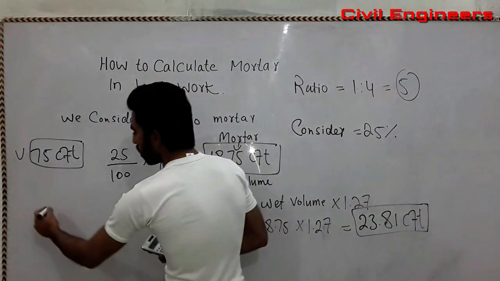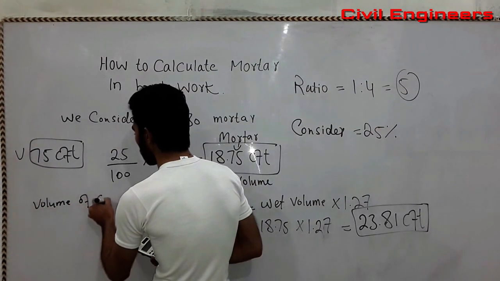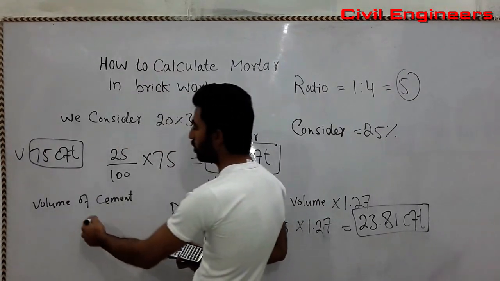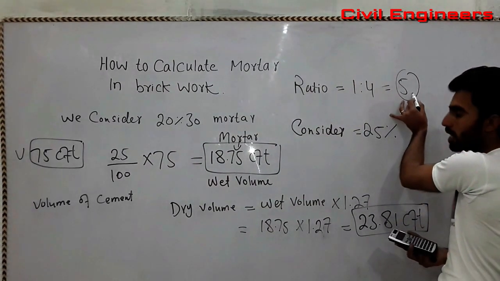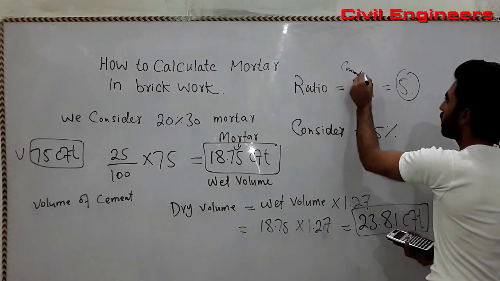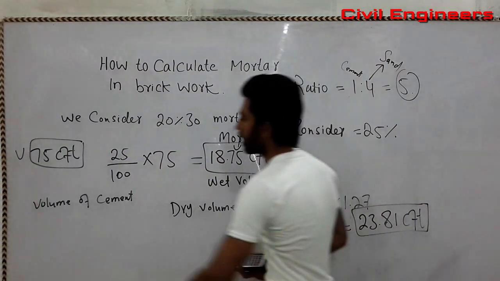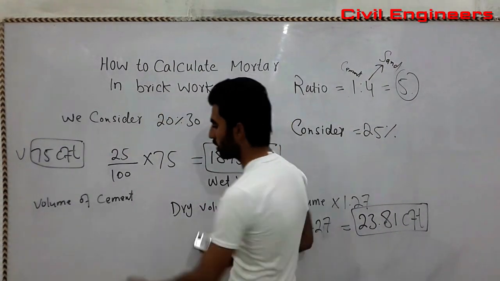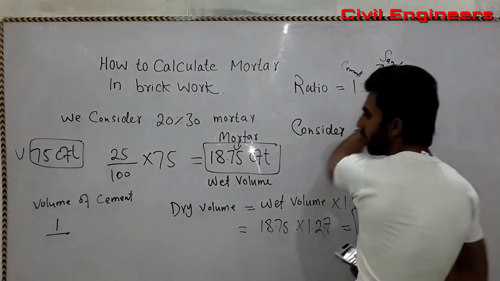Okay, now volume of cement. How much cement is required here? Look at here, this is the ratio. Total ratio is 5, the ratio is 1:4. 1 is cement and 4 is sand. So I need to find the quantity for cement. So 1 is used in 5.